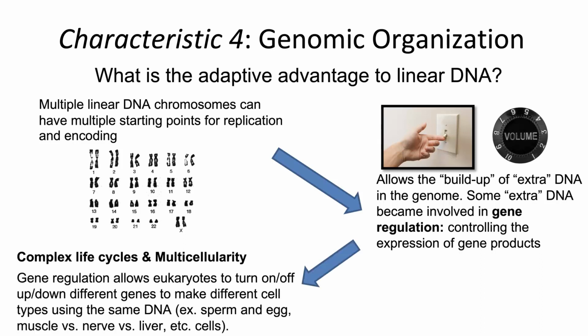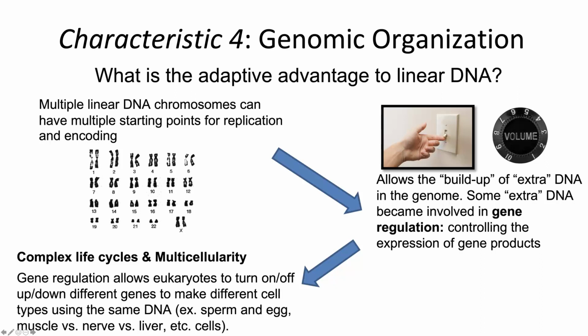And that in turn, the ability of these eukaryotic organisms to regulate their genes made way for the evolution of complex life cycles and multicellularity. So basically, allowing eukaryotes to turn on and off or up and down different genes allows them to potentially make different cell types using the same DNA code, using the same chromosome.